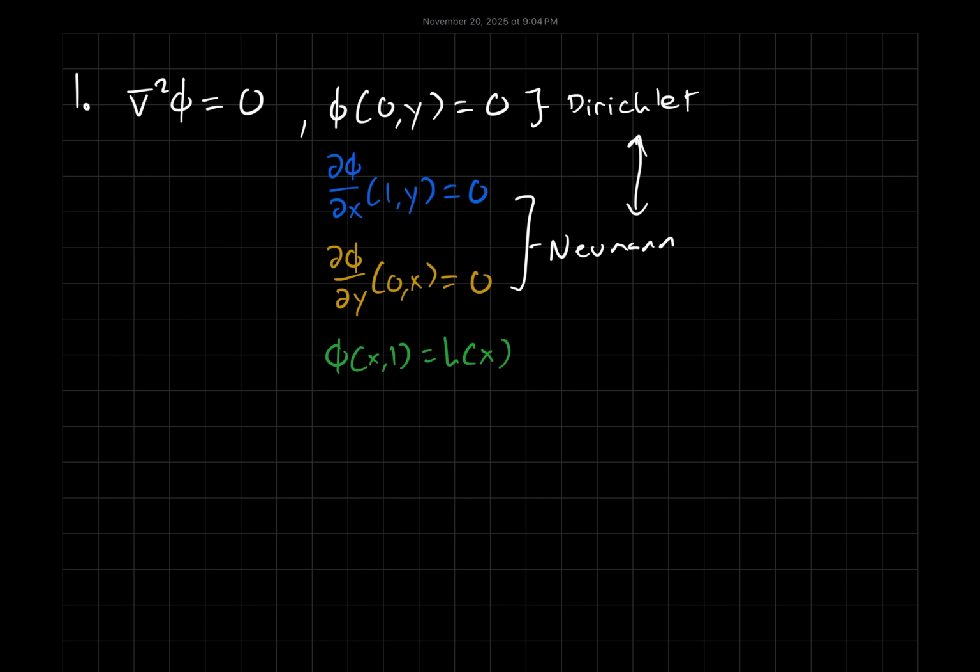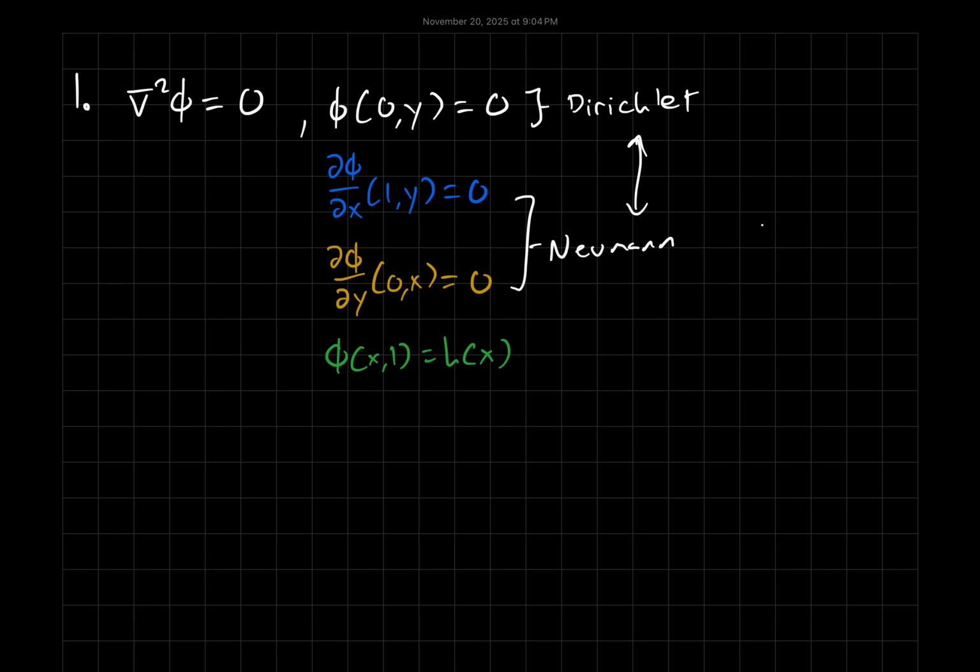So the first question actually asks, can you draw the domain and boundary conditions? Well, now that we wrote it down, we can simply just draw this out. So let's just have an x and y axis. Actually, let's put some colors to them.